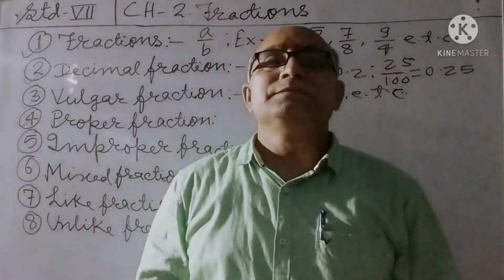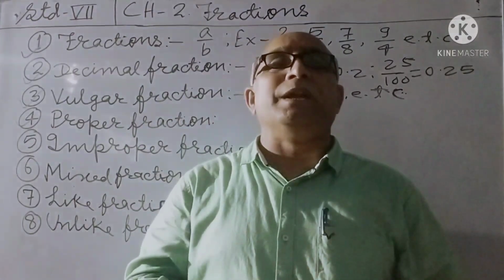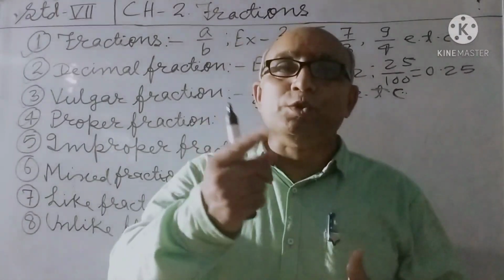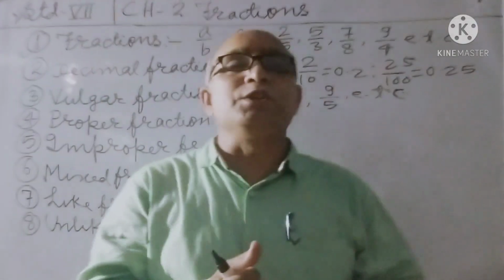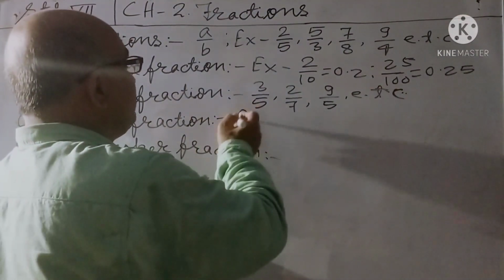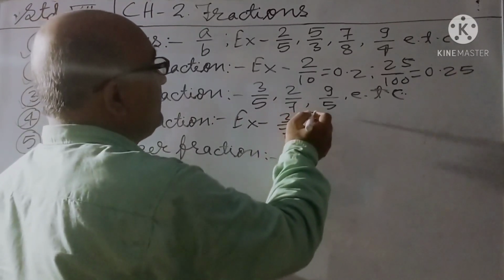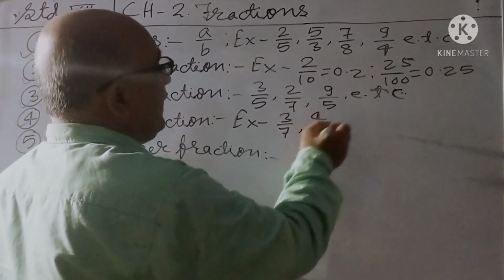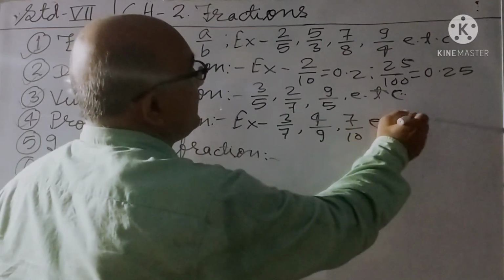A fraction whose numerator is less than the denominator is called a proper fraction. Example: 3 by 7, 4 by 9, 7 by 10, etc.